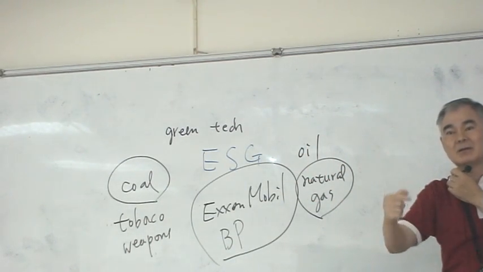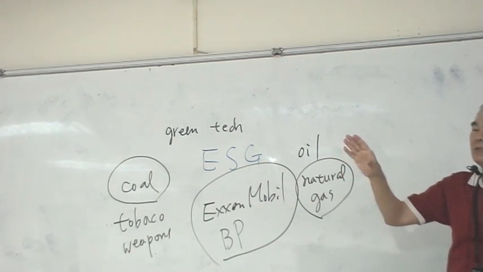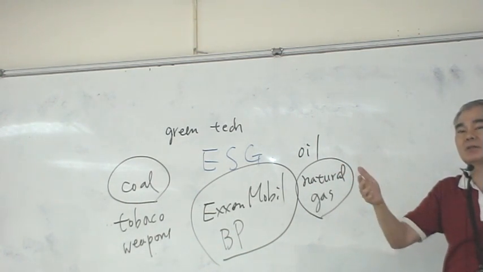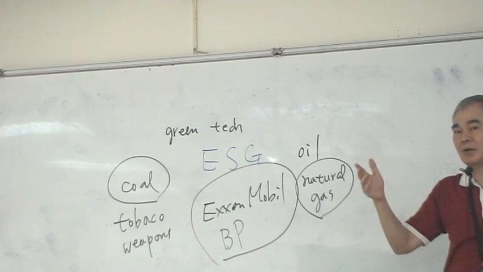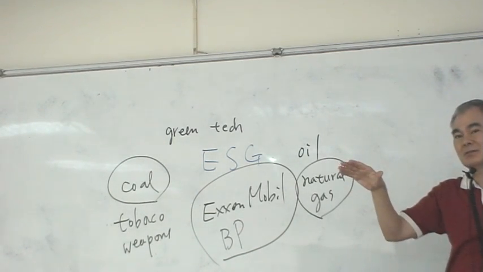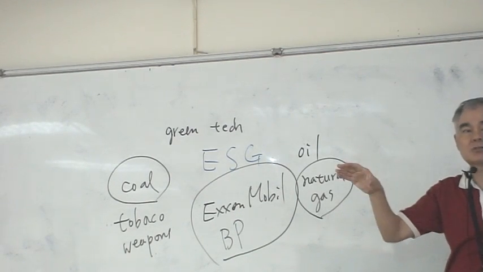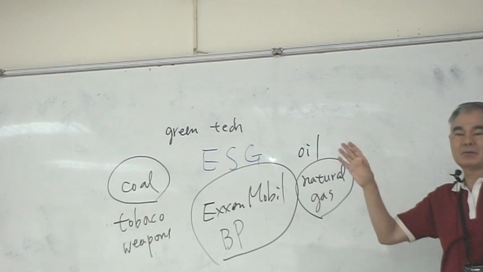Okay, so last week we did not spend too much time on this. Basically we assume companies are to maximize profit, but these premises, this objective is now being challenged by a lot of people, especially those environmentalists.